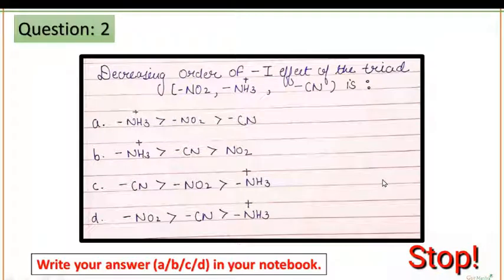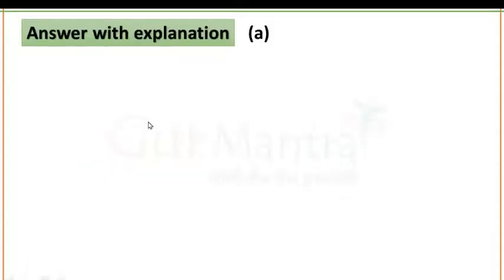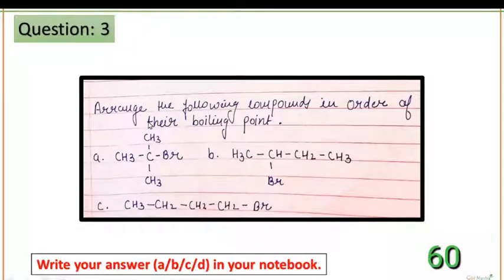Okay, time up guys. The question says you have to tell the decreasing order of -I effect of the triad -NO2 group, NH3 plus group and CN group. The correct order is option number A. Next question.